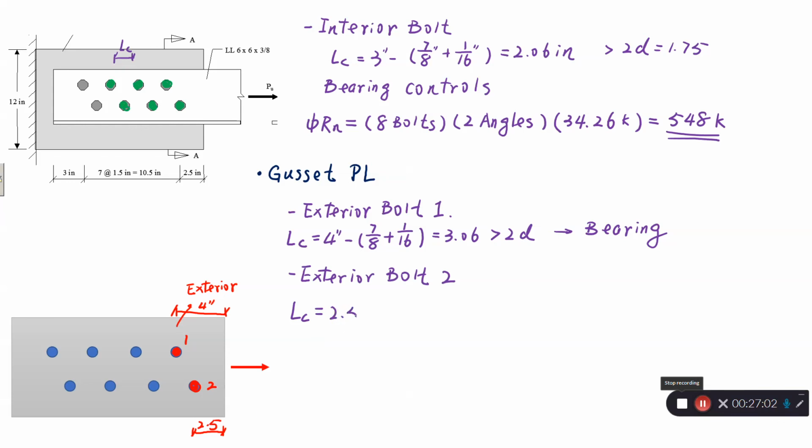So 2.5 minus 7/8 equals 1.56. Yeah, this one is less than 2d, so it's going to be tear out.